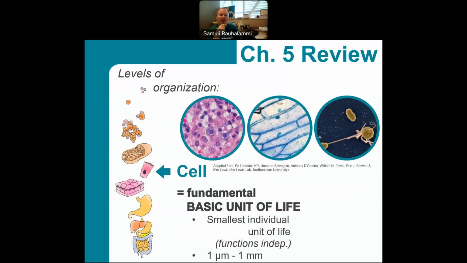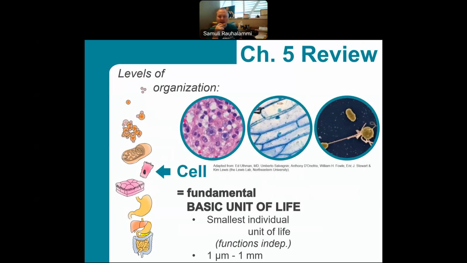We also saw that a cell was the smallest basic unit of life. We saw that cells were made of cell organelles, but really we can study life as a whole, as one unit, at a cell level.